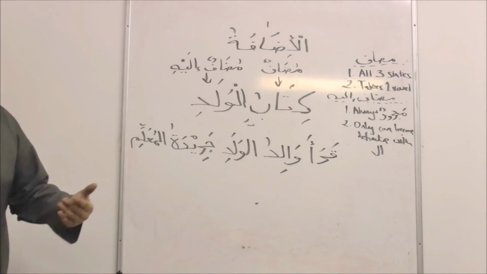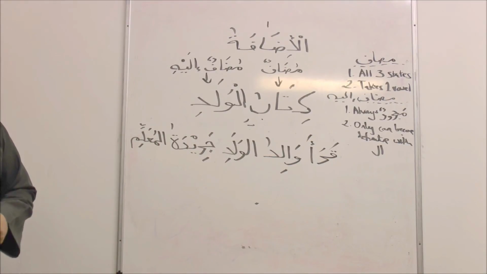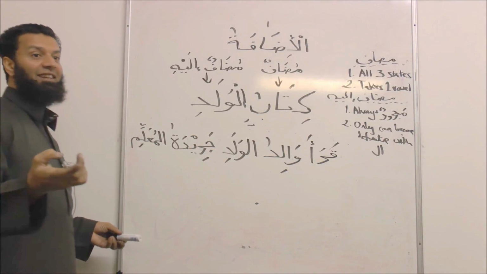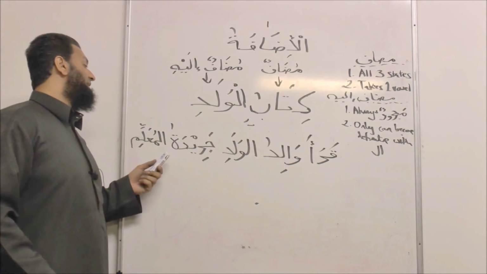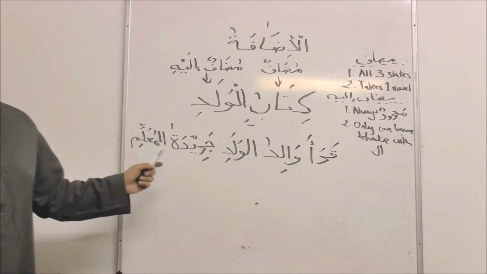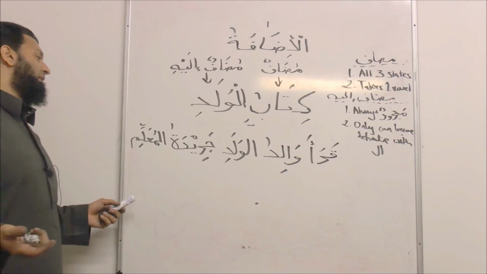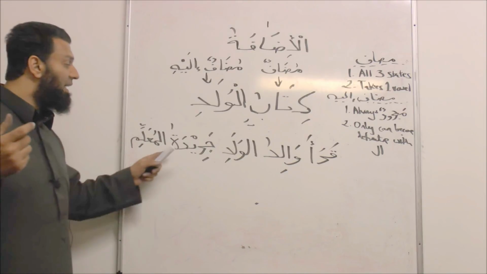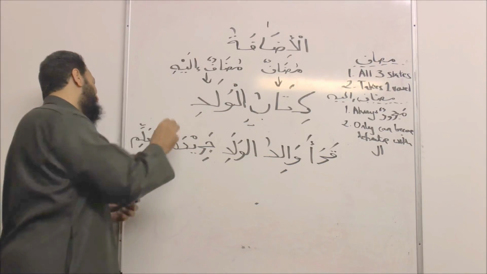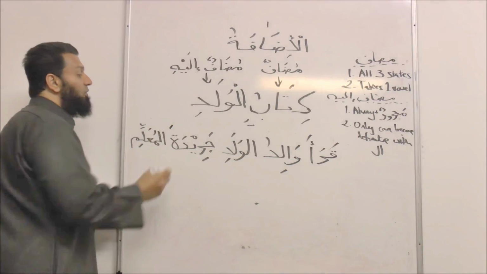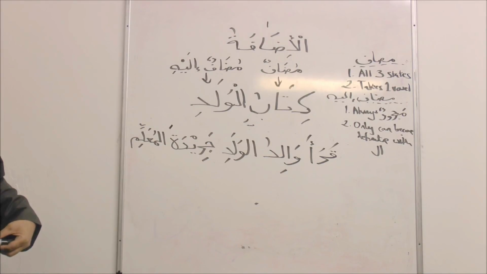Right, so we've got our fi'lun, we've got our fa'ilun. Which one is our maf'ulun bihi? Newspaper in Arabic, jaridata. Now everybody's saying jaridata. Why? Because the maf'ulun bihi is always what state, Rajan?